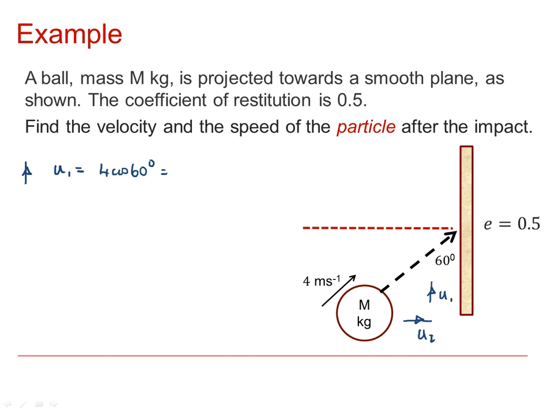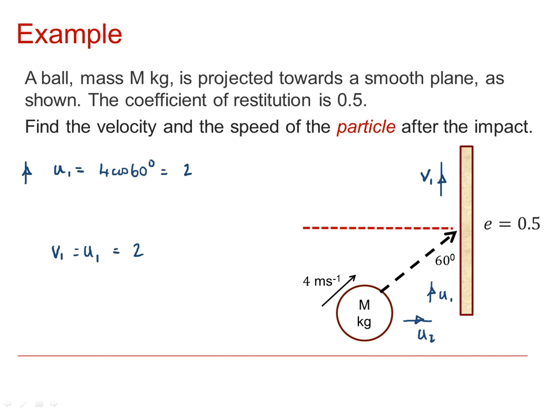Cosine of 60 degrees is a half, so that is equal to a value of 2. And that's not going to change, so if we look at the velocity after impact in terms of its components, if I call this one V1, then V1 will be equal to U1, so that is equal to 2 also.